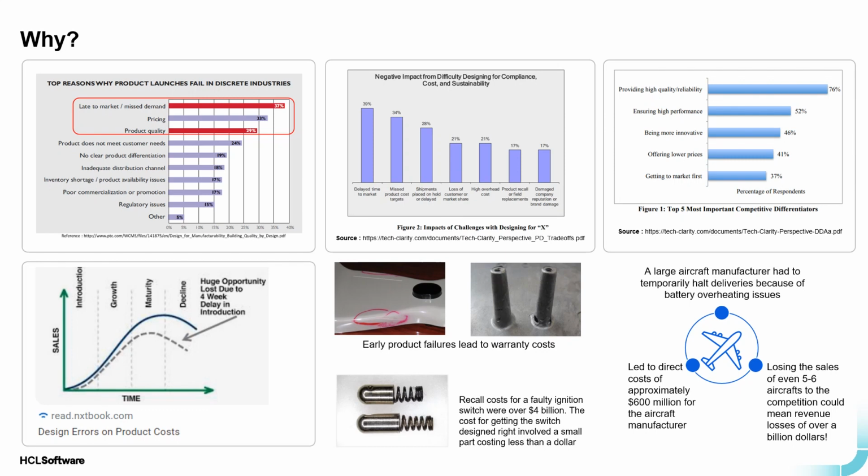Being late to market can cost companies millions of dollars. Similarly, launching a poor quality product while being early in the market is detrimental to product success. In many cases, issues related to product quality and cost are traceable to design issues. Too many iterations between design and manufacturing or suppliers can lead to unnecessary delays, impacting product launches.